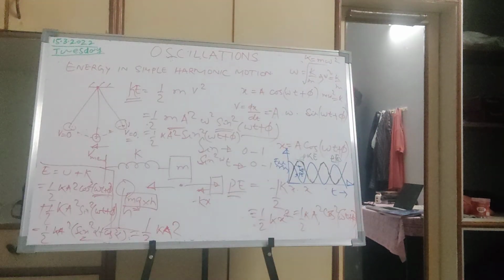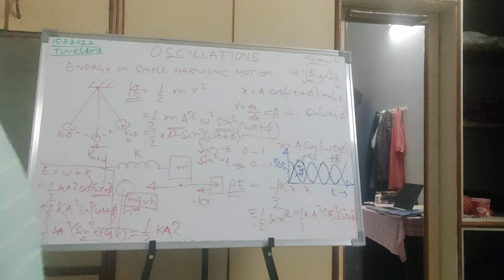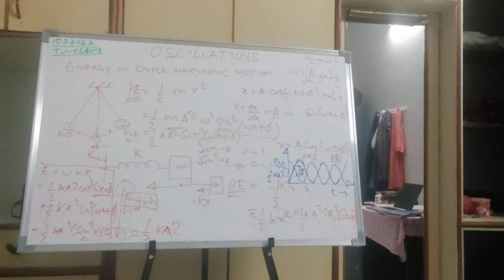Let us say this black is kinetic energy and this blue is potential energy. At this location, the kinetic energy is maximum, the potential energy is zero, and the addition of both will be half k a square at any location.